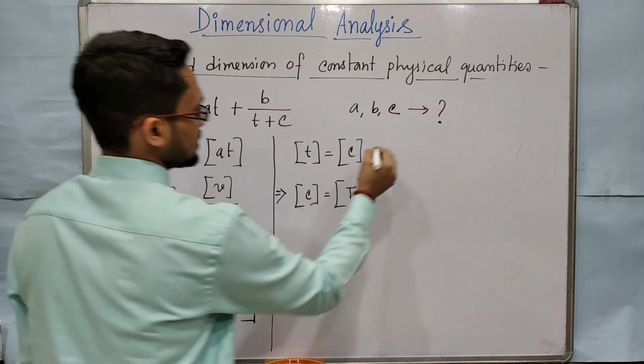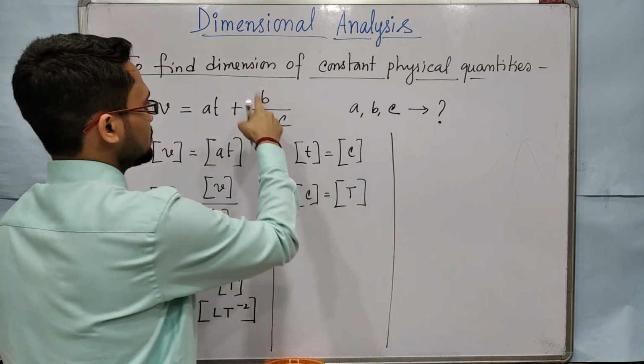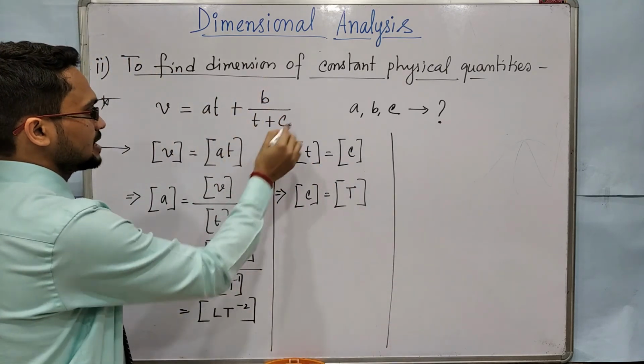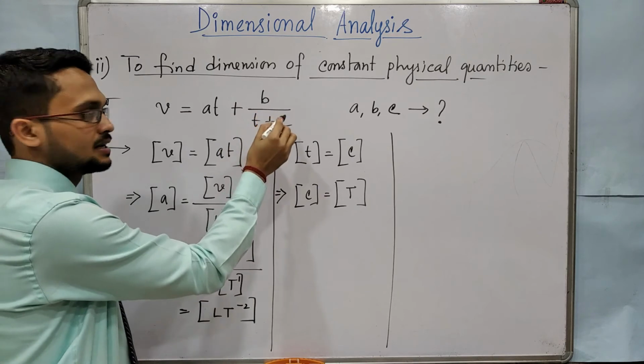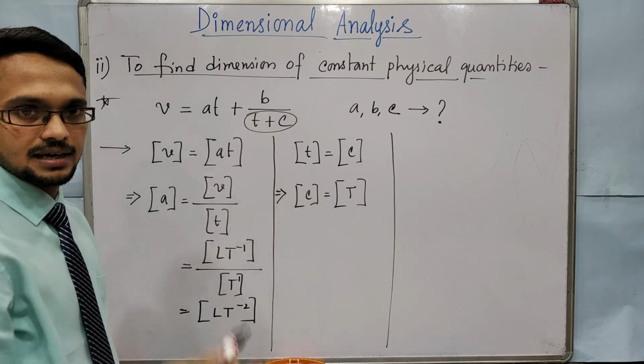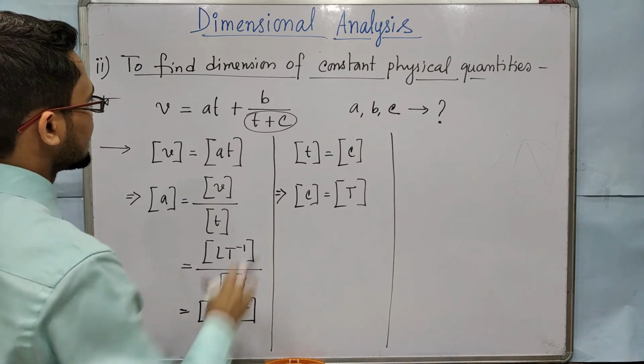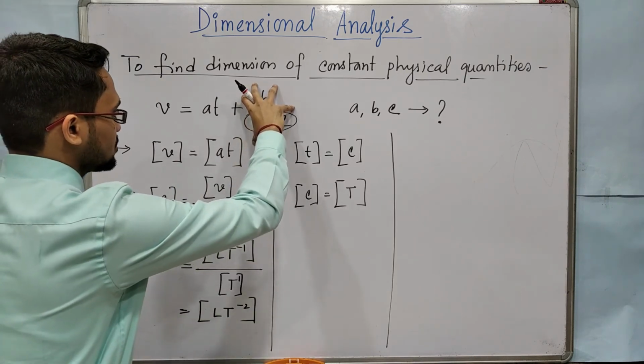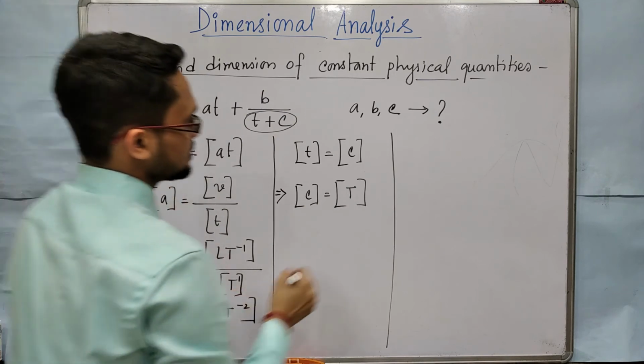Then we will come to B. Now this denominator part is the dimension of T, time. Then the dimension of this total part and the dimension of V will be same.